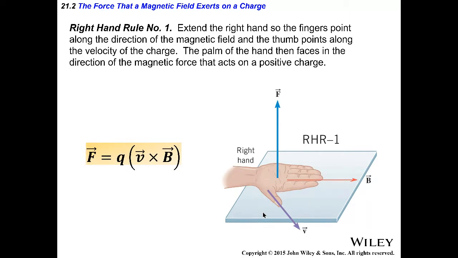But if the magnetic field is the other side, I cannot bend my hand backwards. You follow what I'm doing? But what I can do is go like this, and I still am pointing in the direction of V, but now I can curve into the magnetic field, and my thumb now is downward.